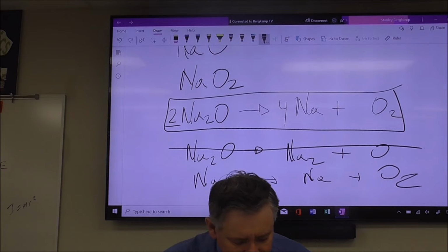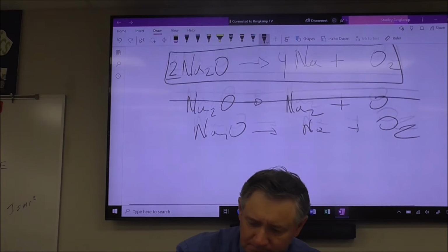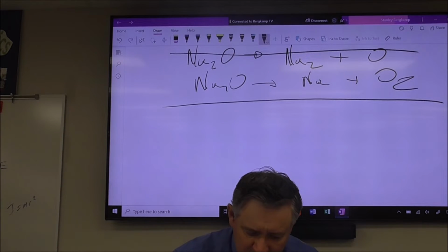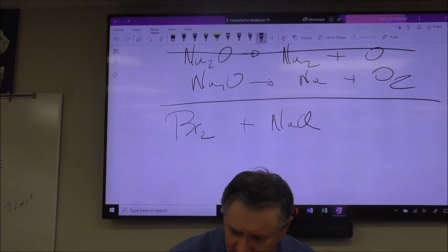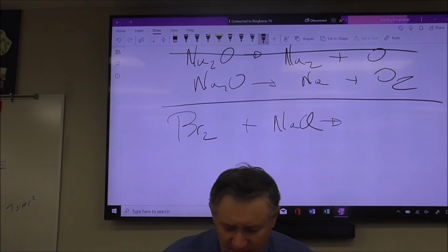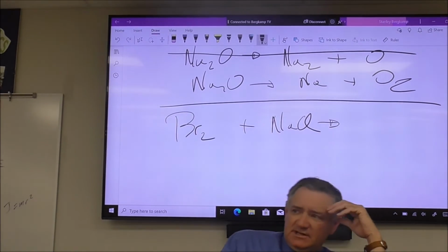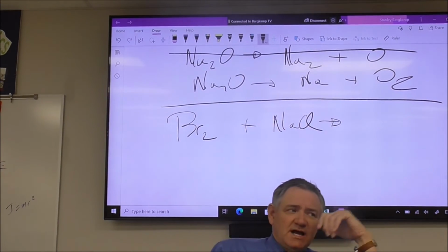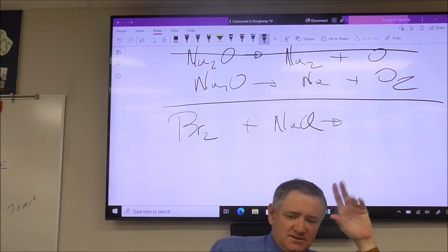Now, let's talk about, for example, number 21. So you have Br2, elemental bromine, plus sodium chloride. Here's the deal. Your halogens are their own reactivity series. Where's the most reactive halogen, at the top or at the bottom? Top. The most reactive halogen is at the top.